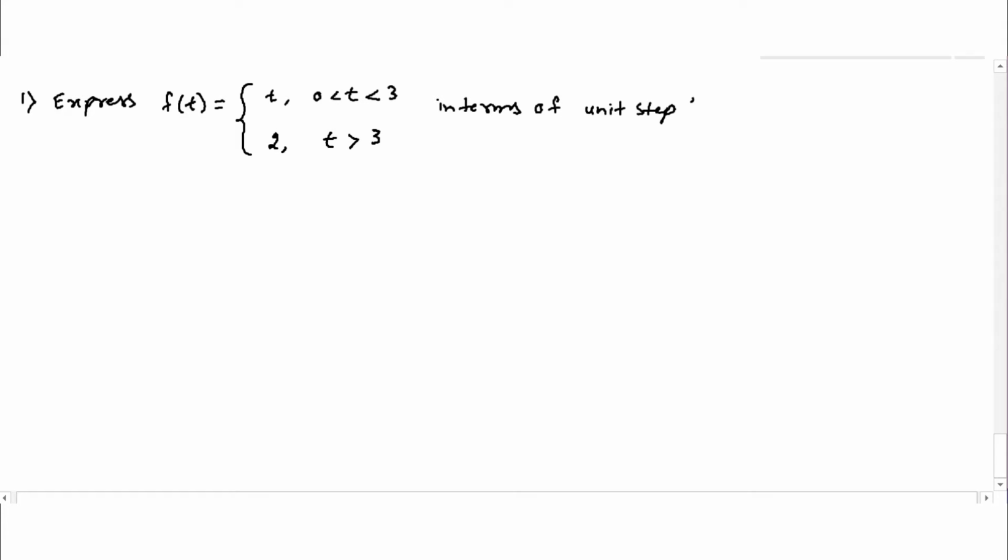Express f of t, where the discontinuous function is t for 0 less than t less than 3, and 2 where t is greater than 3, in terms of the unit step function, and find the Laplace transform.